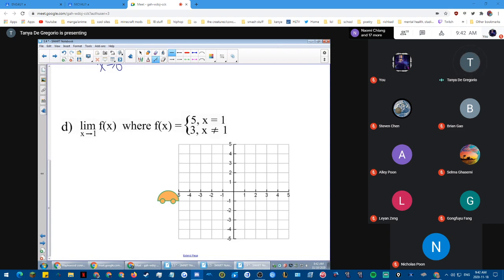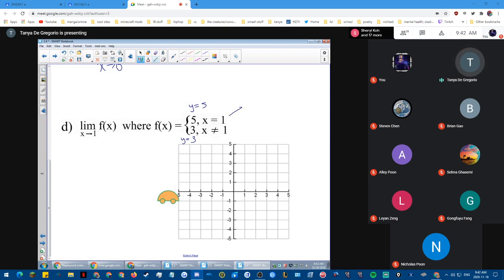Okay, good. So what Tammy is saying is that here I have two functions. I have y equals 5 and I have y equals 3. Now these are both horizontal lines. However, y equals 5 only exists at one point when x is equal to 1. So even though it's a horizontal line, it's only happening when x equals 1.